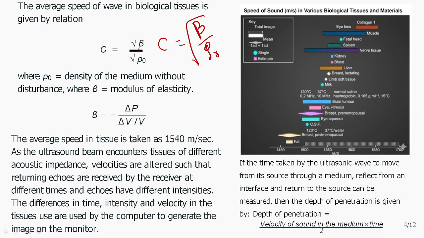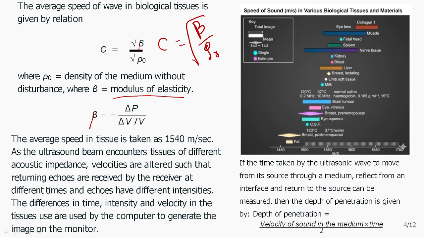So this is the speed of the acoustic wave inside a tissue, where beta is the modulus of elasticity, and it can be related by this equation: change in pressure divided by the change in volume. So delta P, if there is any change, then what is the equivalent change in volume.